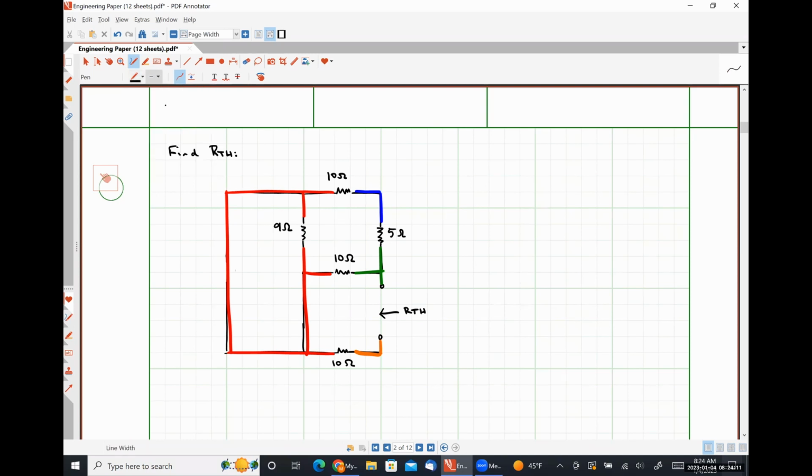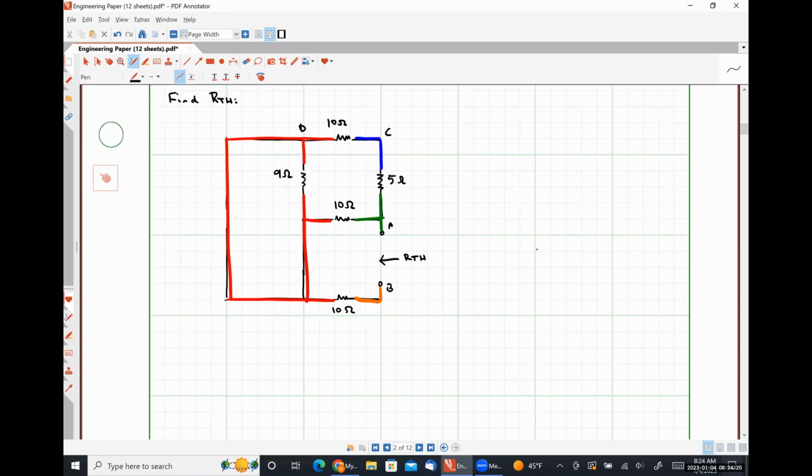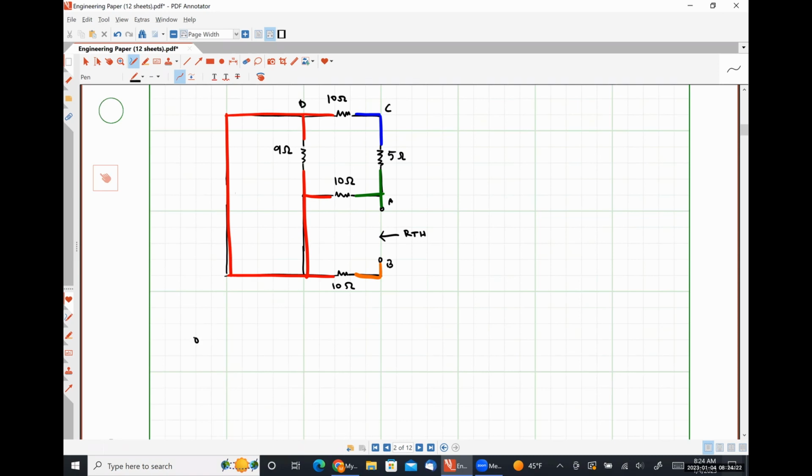So I'm going to call this node A, this node B. Let's call this C, and let's call this D. So I'm finding the resistance between A and B. And there is no direct path between A and B. So now let's look for our shortest path. So our shortest path would be from A to D to B.